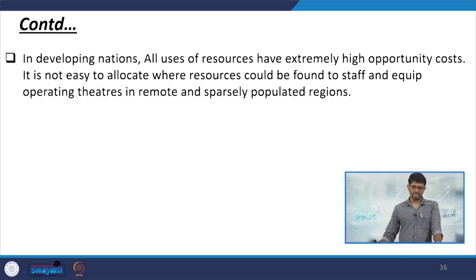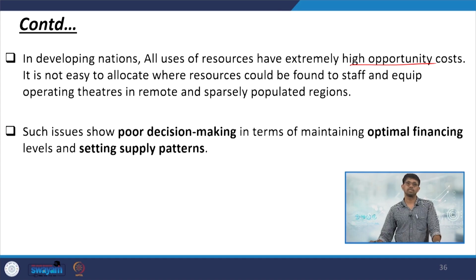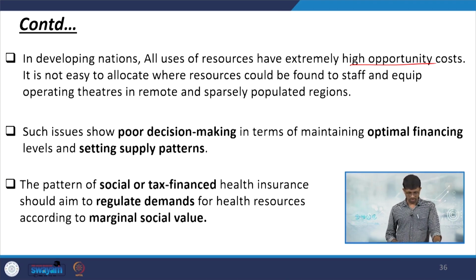It is not easy to allocate where resources could be found to staff and equip operating theatres in remote and sparsely populated regions. Hence, such issues show poor decision making in terms of maintaining optimal financing levels and setting supply patterns.